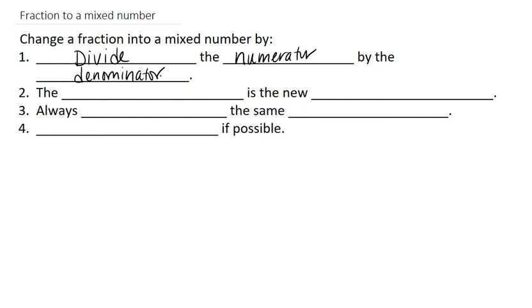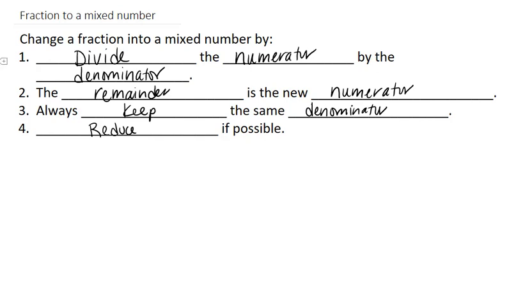Then the second step would be the remainder is the new numerator. And then we would always keep the same denominator. And like always, we reduce if possible.